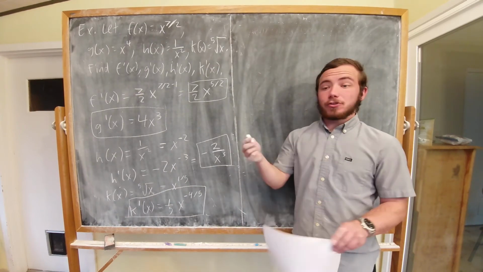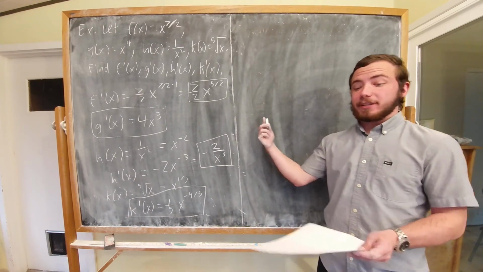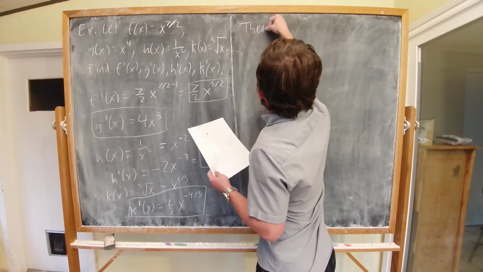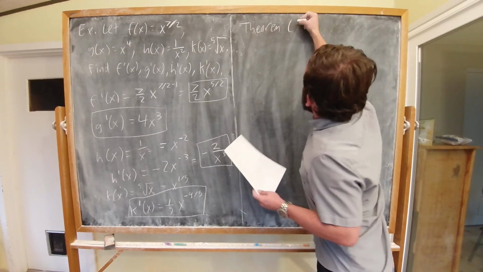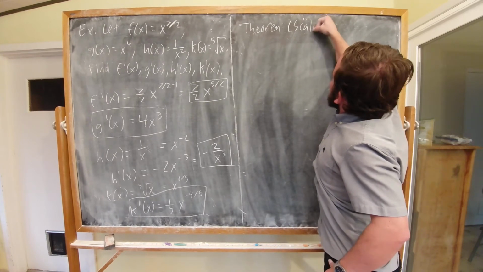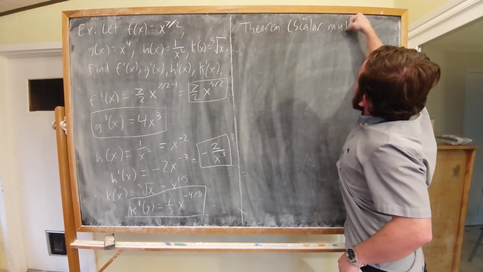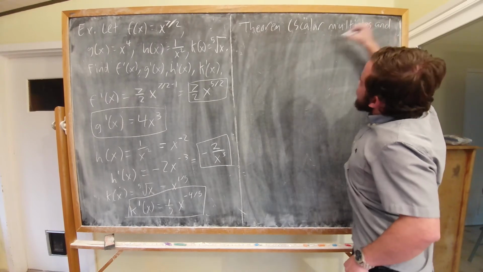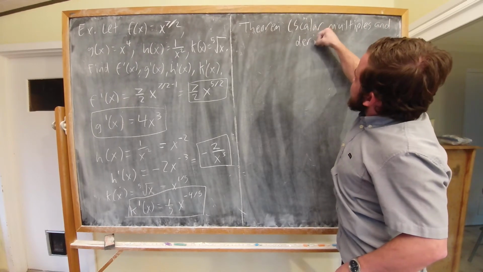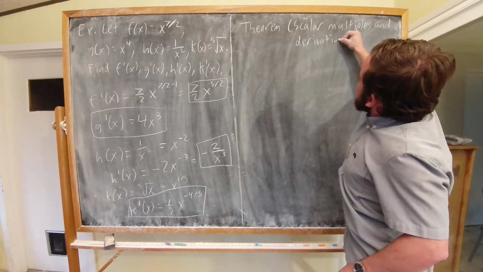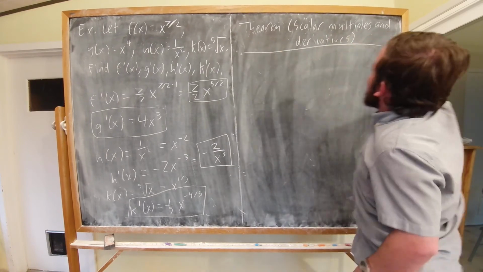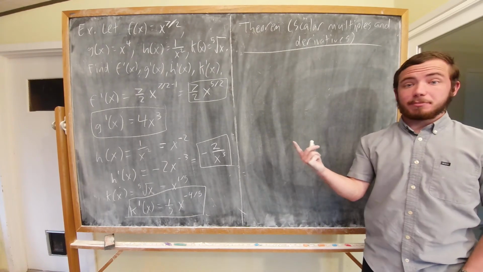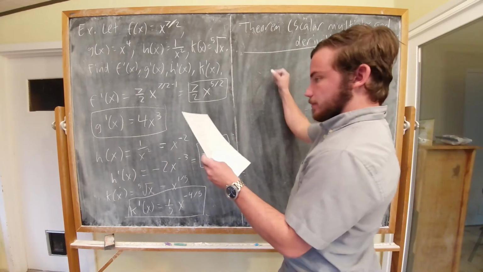Okay, so the first rule talks about how derivatives play with scalar multiples. And the long and short answer is they play nice. Mostly because limits play nice with scalar multiples.